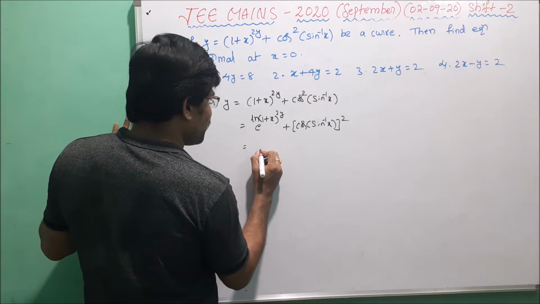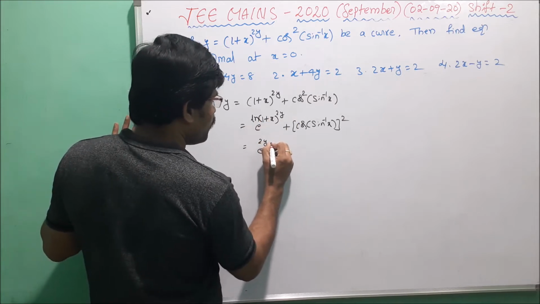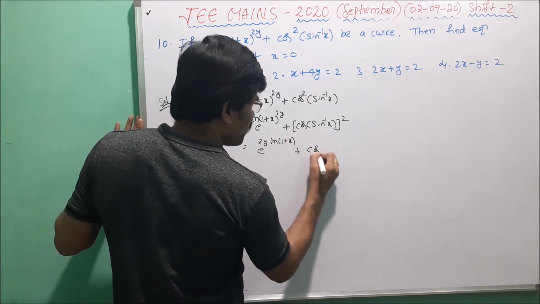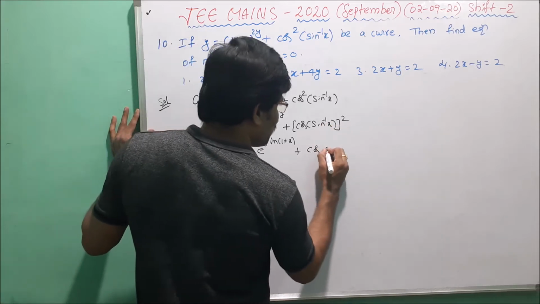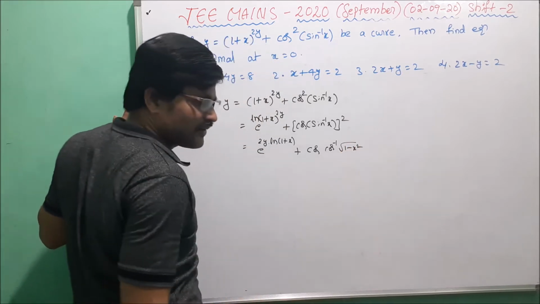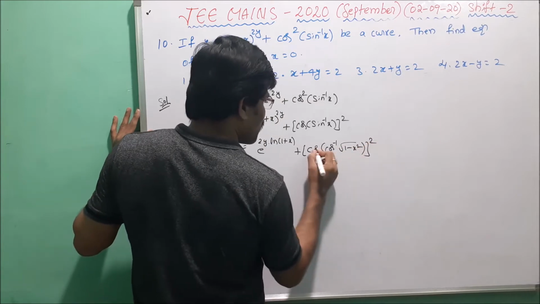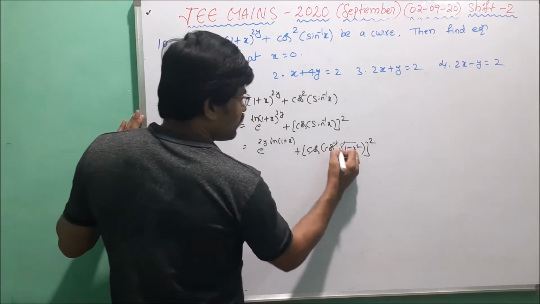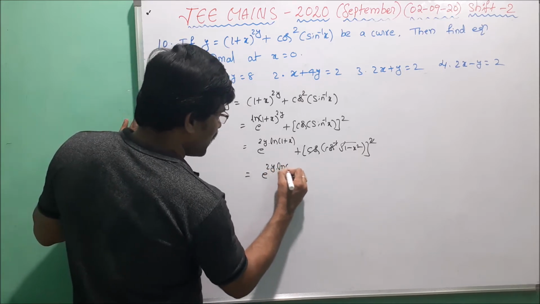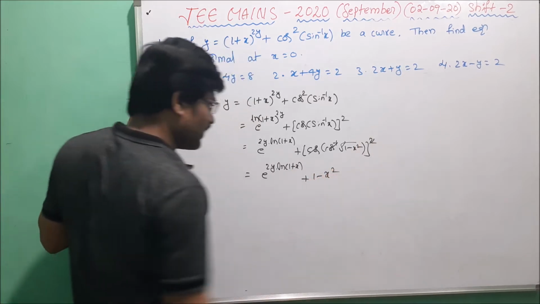Now it can be simplified: e power, this is log a power b, so 2y into ln of 1 plus x, plus cos of sin inverse x can be written as cos inverse of square root of 1 minus x square, whole square. Here cos inverse cancels, and square root and square also cancel. So e power 2y into ln of 1 plus x, plus 1 minus x square.